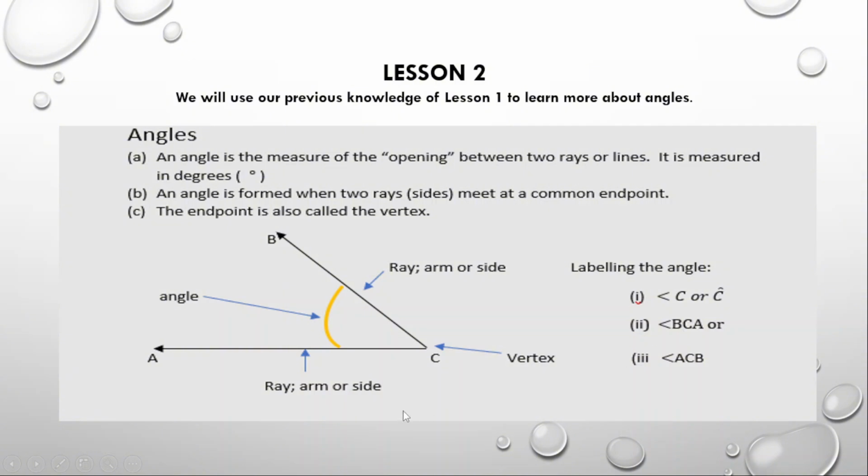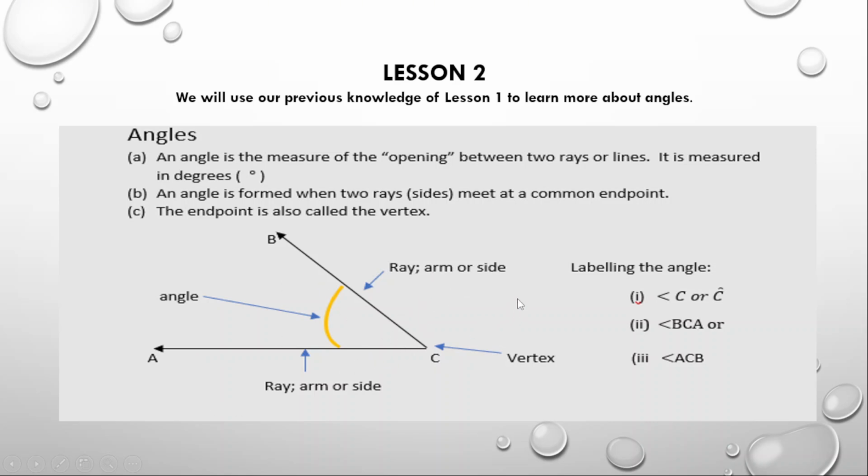Also, we can call it A, C, B. Okay, so what is an angle? It's the opening between two rays when they meet. The point where they meet we call the vertex. The two sides we can call the two rays, the two arms, or the two sides of an angle.